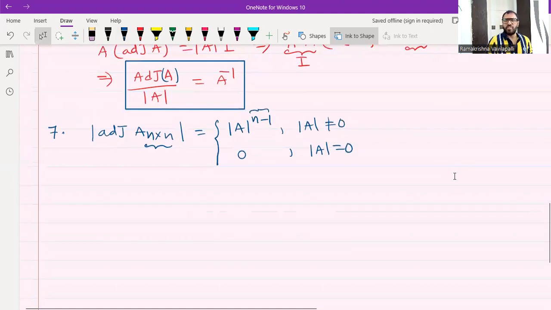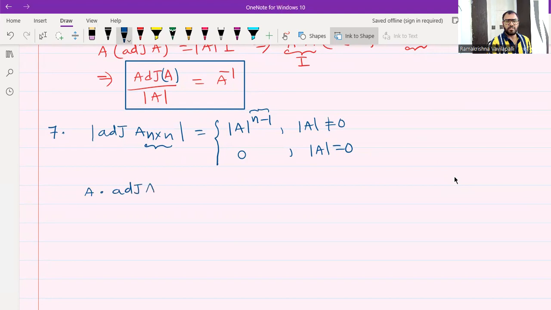So I'll prove for 2 by 2. After that, you can extend up to any order. Why I am proving for 2 by 2? So that everybody can understand. So here you see that A into adjoint of A equal to det A into I. Okay.